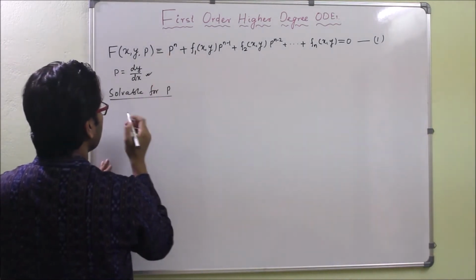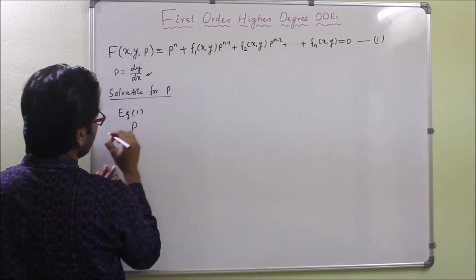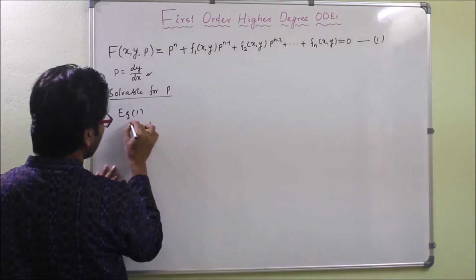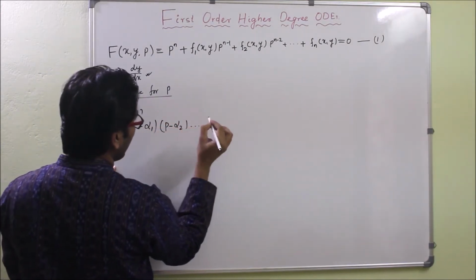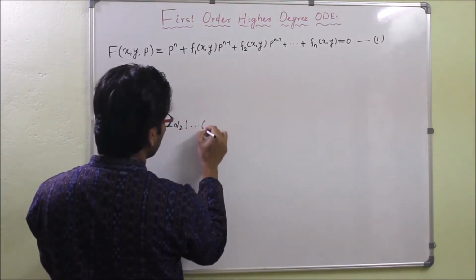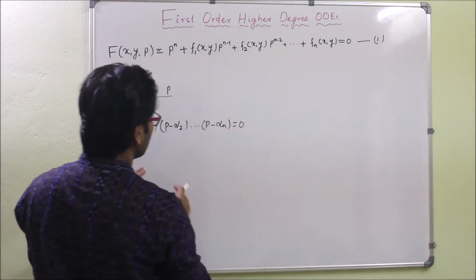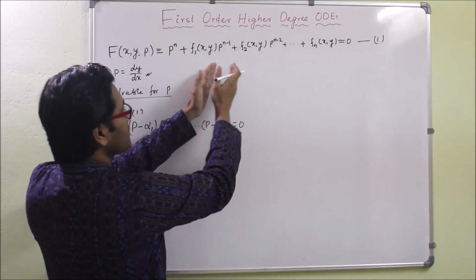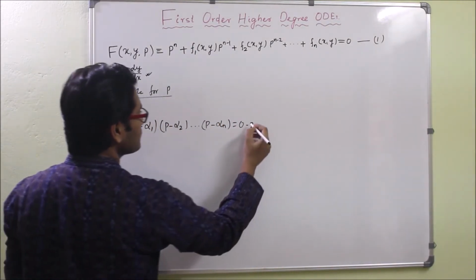So this equation 1 I can write as p minus alpha 1, p minus alpha 2, and like that if I take the product, p minus alpha n equal to 0. So we can convert this equation 1 to this equation 2 form.